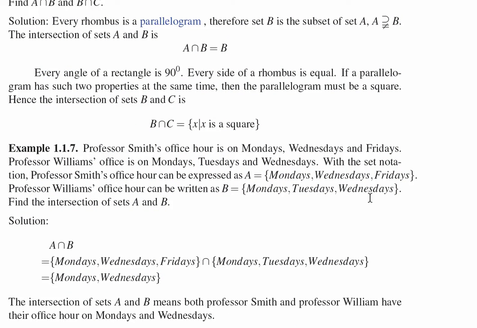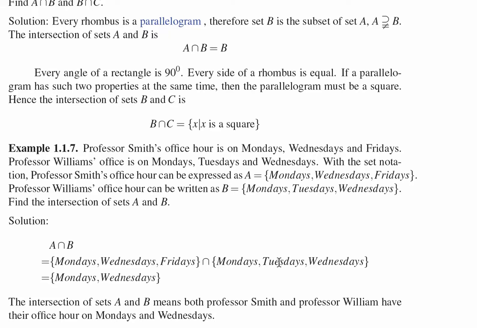We have another example here. Professor Smith's office hour is on Mondays, Wednesdays, and Fridays. So basically set A has three elements: Mondays, Wednesdays, and Fridays. And Professor Winning's office hour is Mondays, Tuesdays, and Wednesdays. What's the intersection of A and B?